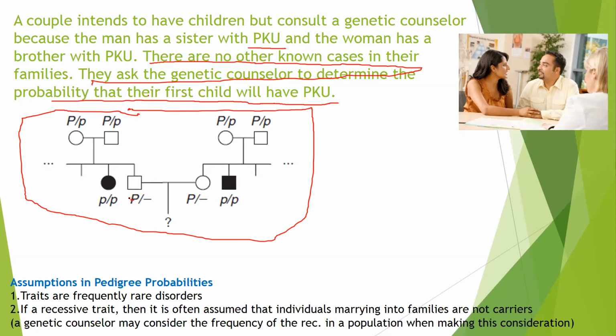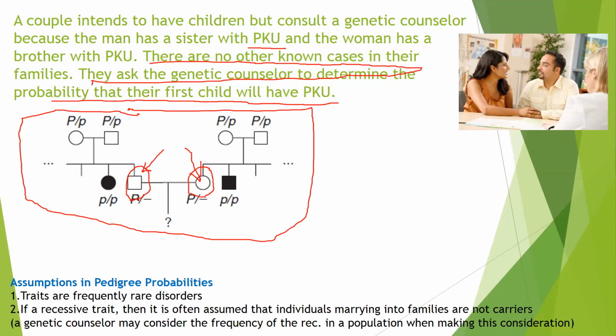So for example, this is the father, and we use the square here. This is the mother, and we use a circle. Because they are unaffected, we do not use the solid shape, right?